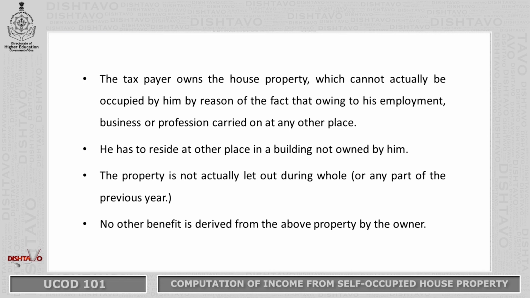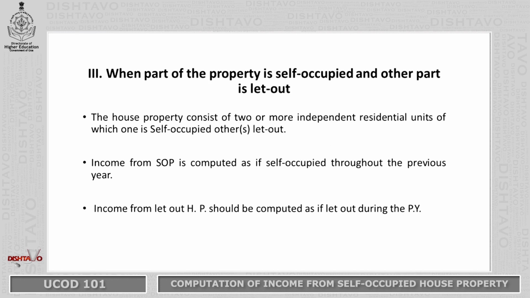He can stay in any house, maybe a house provided by the company or maybe a rented house, but he should not have his own house at that place. And the second condition is he should not get any benefit from, or he should not let out, the house which he owns at the other place. If this condition is satisfied, even if you are not staying in your house due to your employment or business at some other place, you can consider that house as self-occupied.